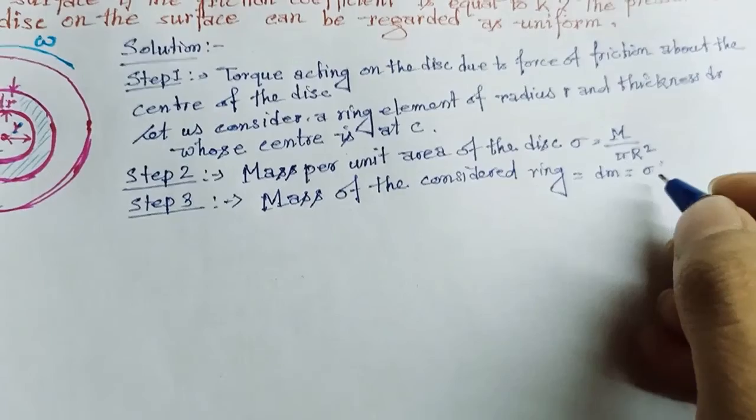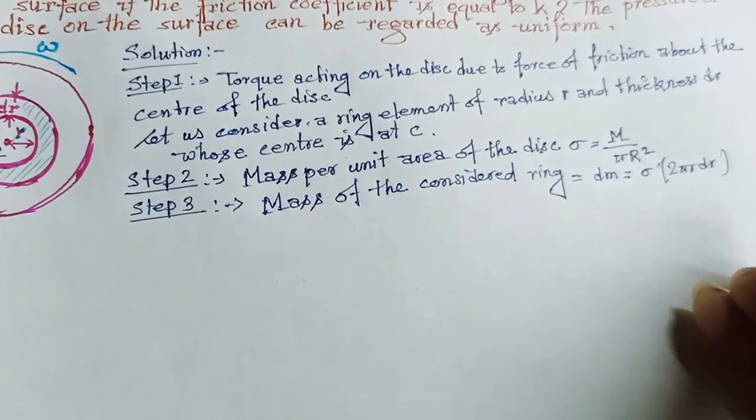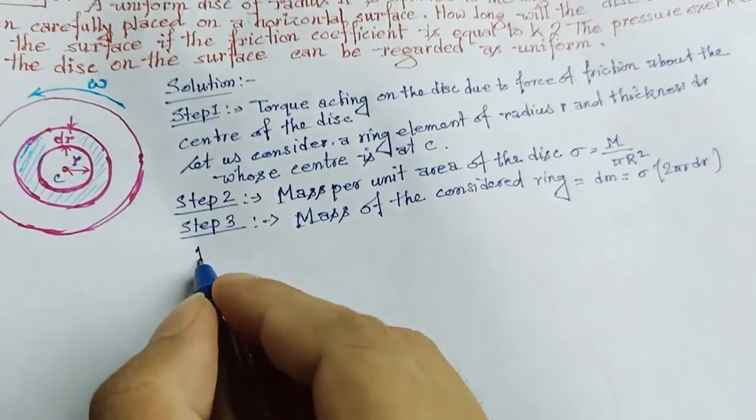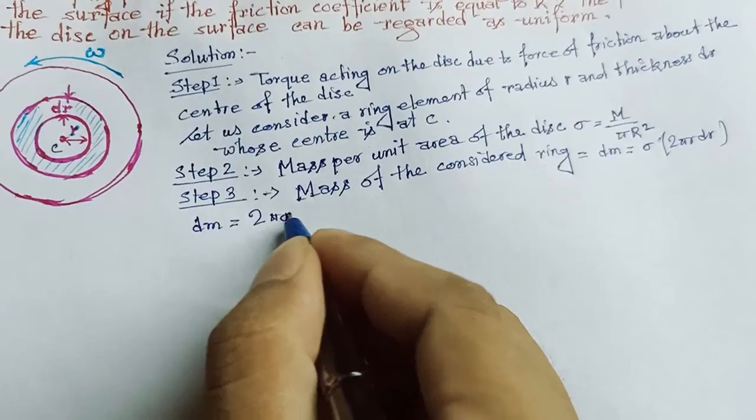As you know, the area of this section is equal to 2 pi r dr. So we can write dm is equal to 2 pi sigma r dr.